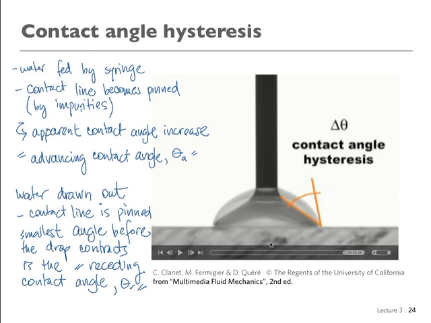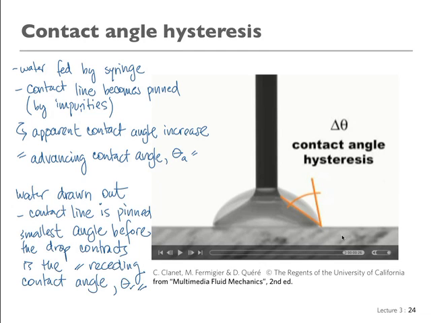And going backwards, the opposite effect occurs. The drop should be just receding with a constant angle, but the line that is moving along the surface becomes pinned down by some sort of impurity, and that causes the drop shape to change until it snaps out. Okay?